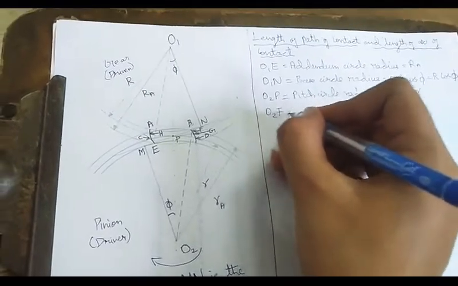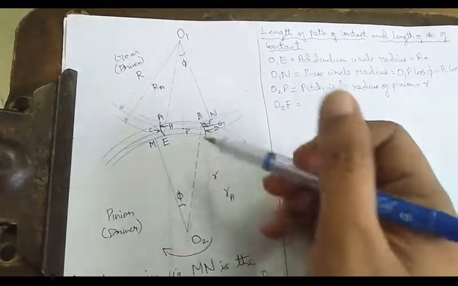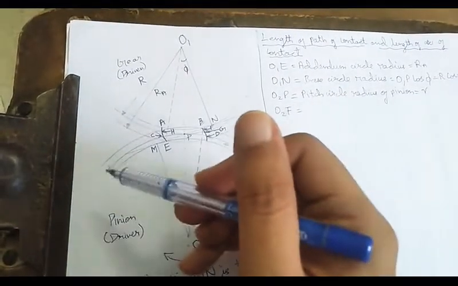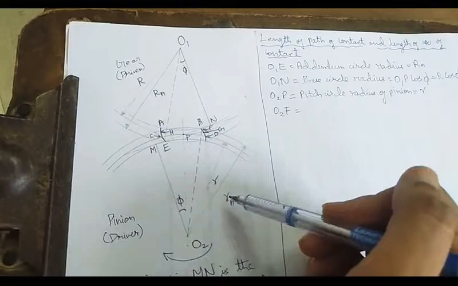Next, O2F is the radius of the addendum circle of the pinion, ra.